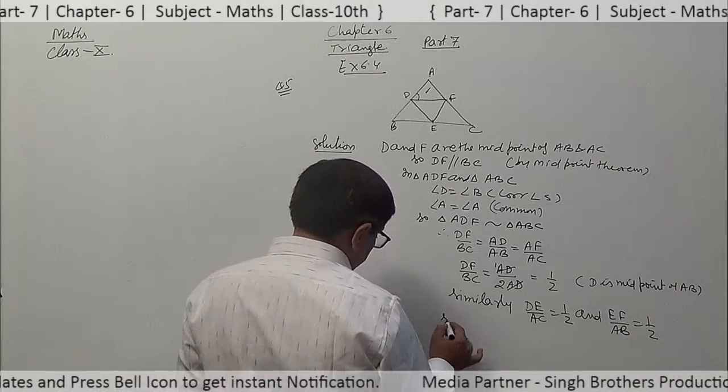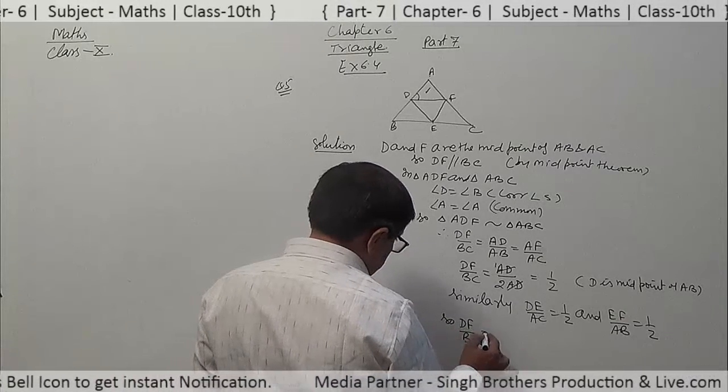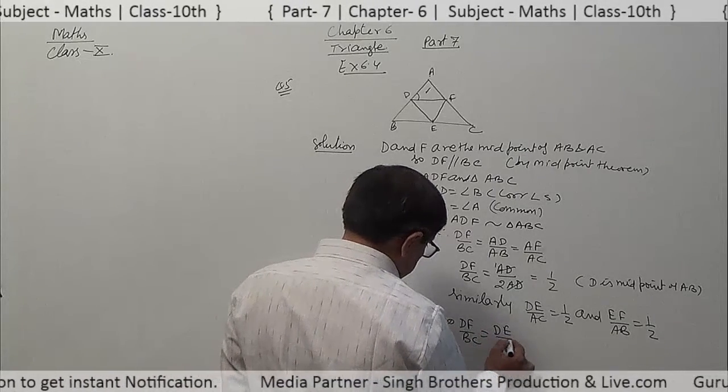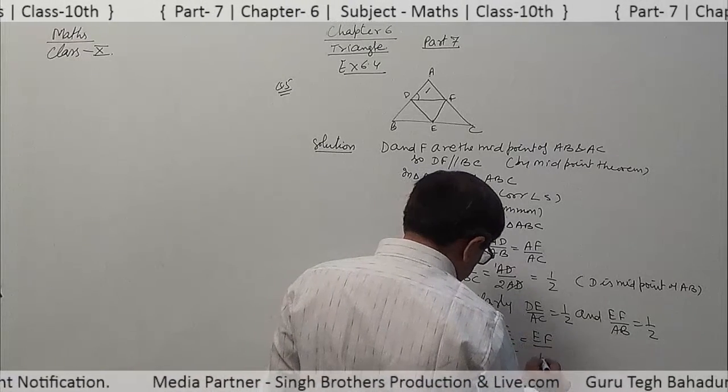So DF upon BC is equal to DE upon AC is equal to EF upon AB.